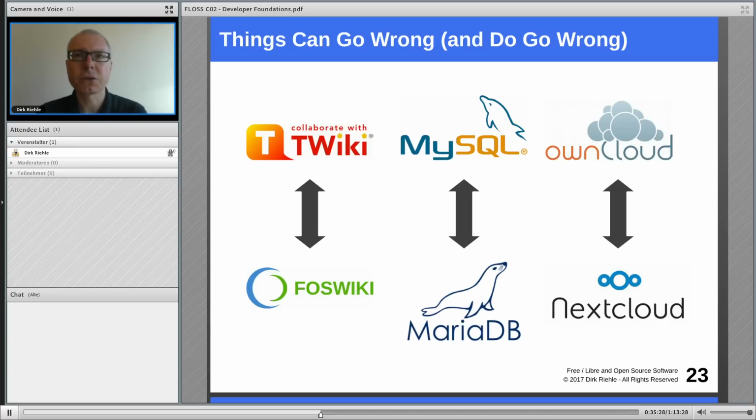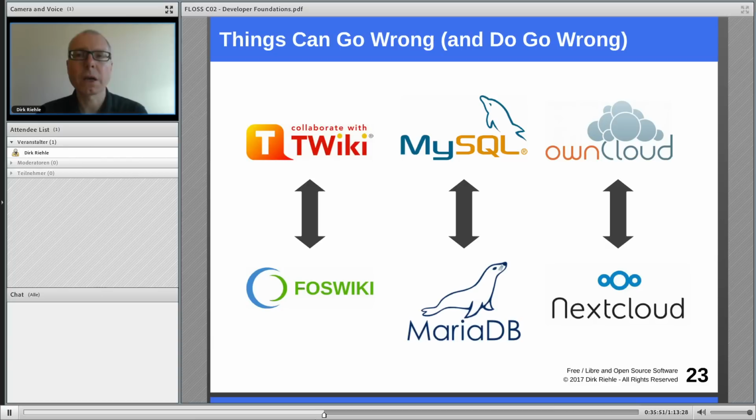tried in some sense to find a balance between its commercial interests and its investment and the interests of the community around TWiki. But it wasn't resolved in such a way that a large part of the community, commercial service providers around TWiki, felt satisfied.